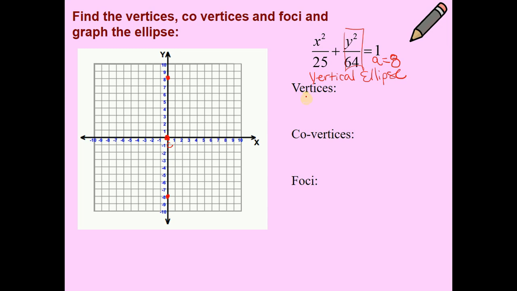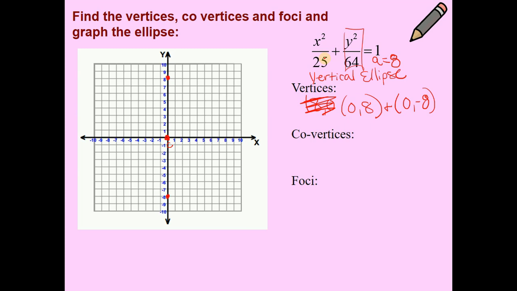So that tells me my vertices are located at 8. Ooh, that's not the right equation. 0, 8 and 0, negative 8, because they are on the y-axis, right? Don't be silly, Marsh. Don't put them wrong. Okay, co-vertices. That's going to be my b value, because remember, I found those using my b value.